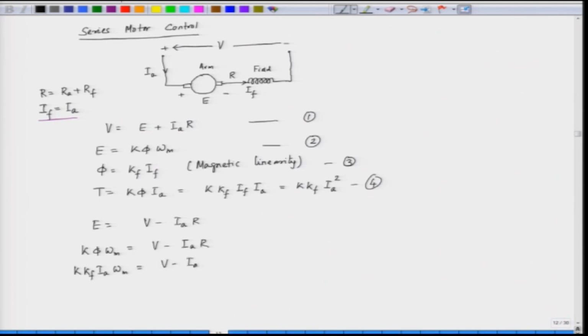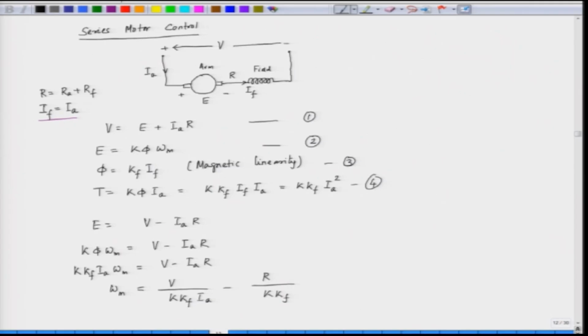From V minus IaR, we can say that omega m is V by K Kf Ia minus R divided by K Kf. So, this is an important equation for series motor.